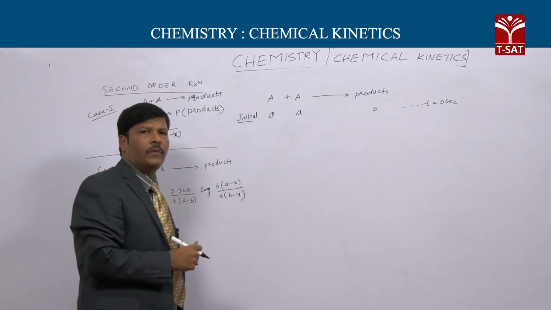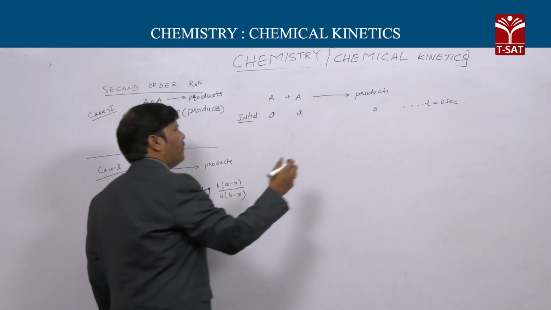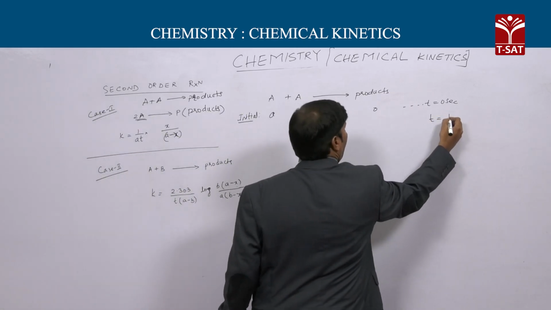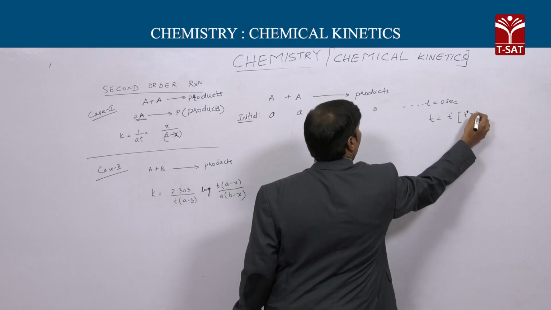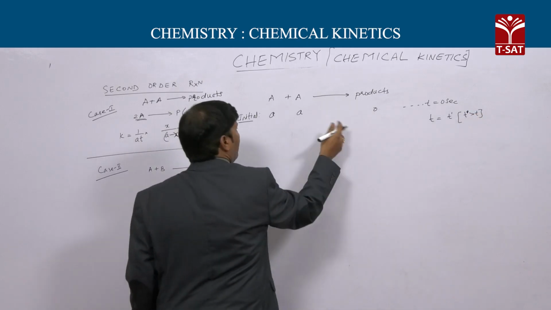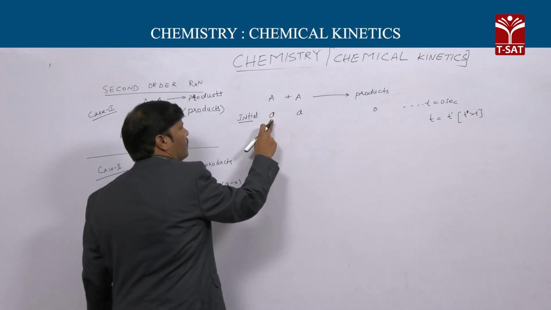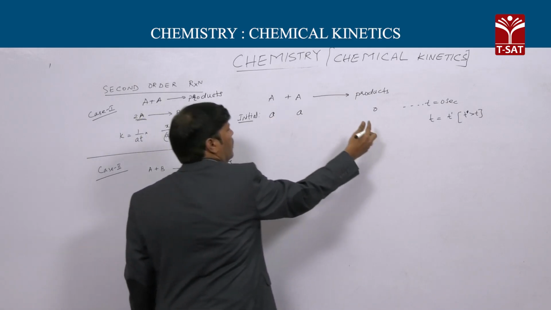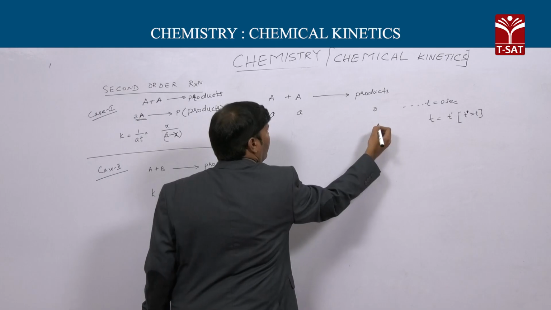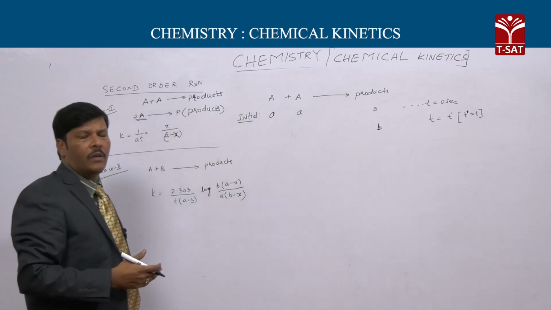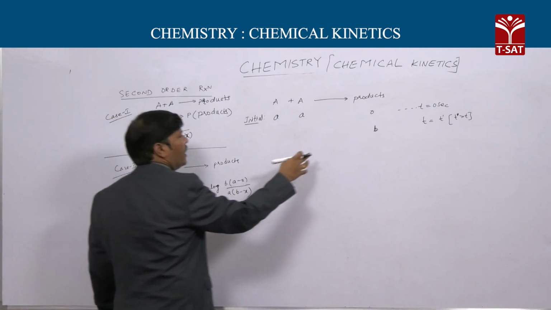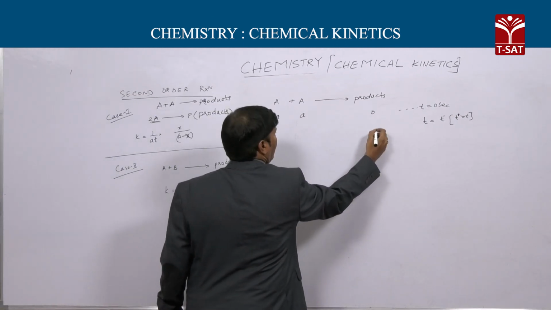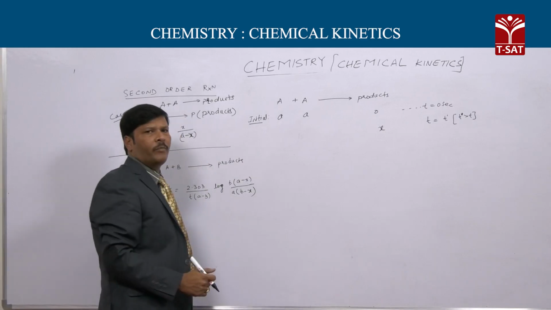After a lapse of t equal to t dash, where t dash is greater than t, you find that out of a moles per liter of the initial concentration of A, x moles per liter of the products have been formed. Because in the expression we have already used x, I will take x moles per liter of the products have been formed.